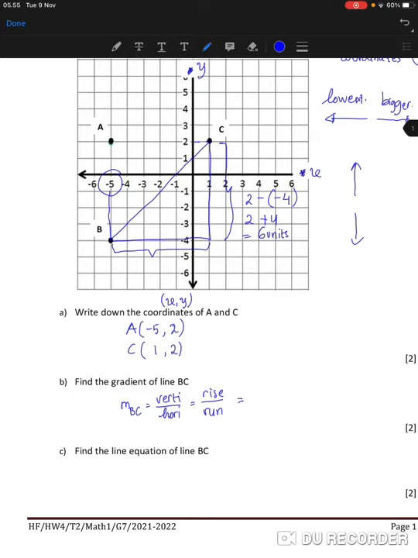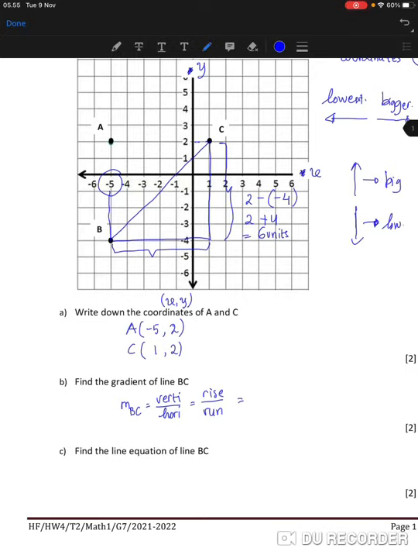If you move up, you will get a bigger number, and if you move down, it means you will have the lowest number.